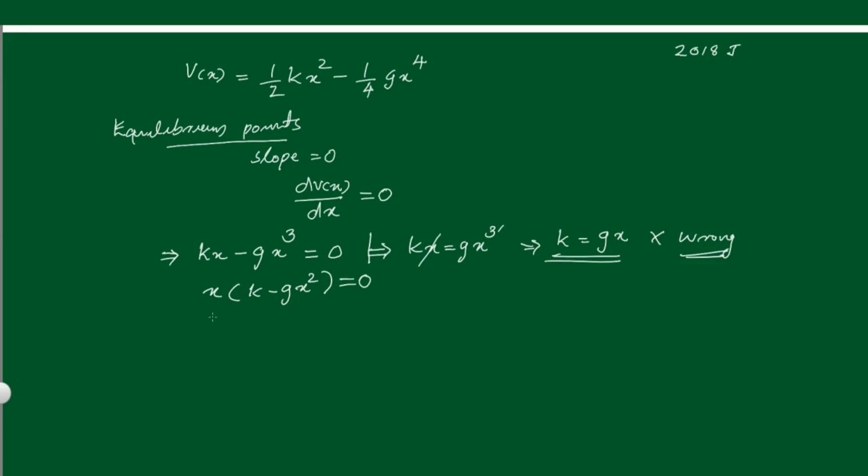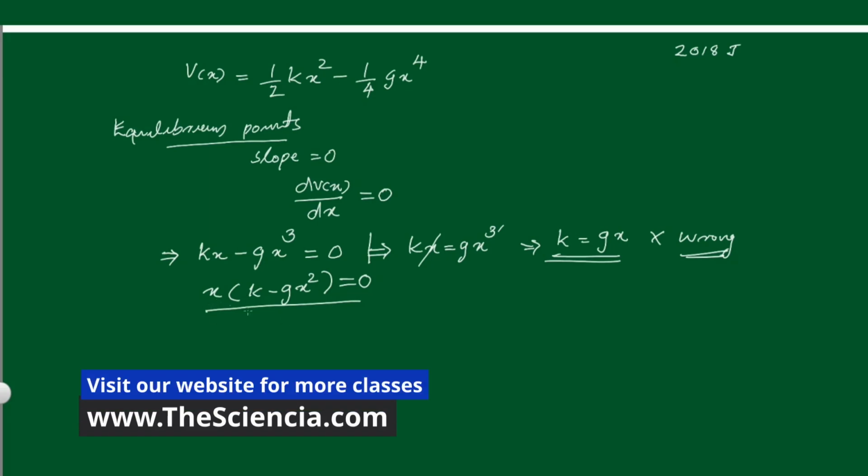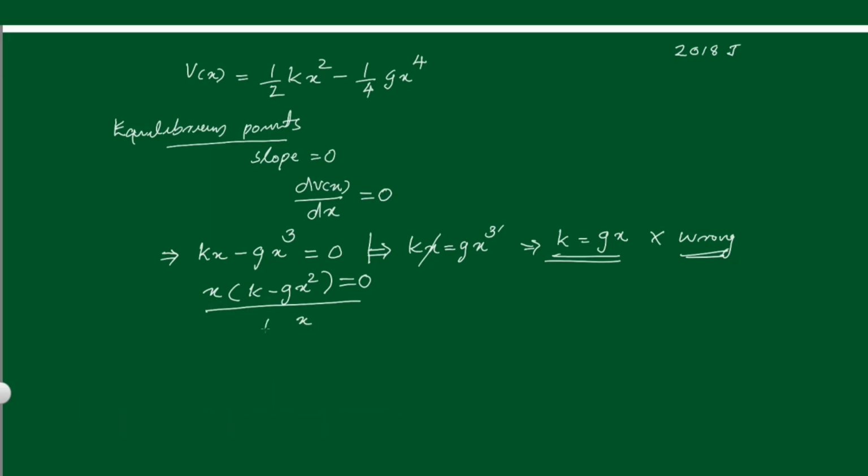So here this function can be 0 with two conditions, that is maybe x equal to 0. So one equilibrium point is x equal to 0. And the second possibility for this function to be 0 is k minus gx square equal to 0.